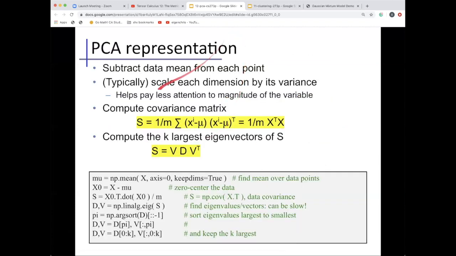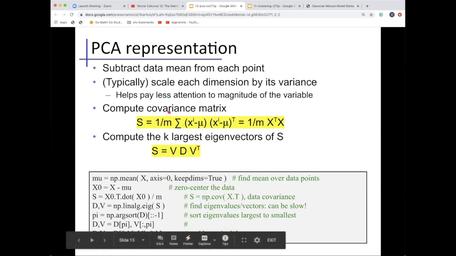Once you subtract the mean, you calculate the covariance matrix of your data sets. Now if your mean is already zero, that would simply be the sum of x_i x_i transpose. So that's the covariance matrix. The next step is to carry out the eigenvalue decomposition of this covariance matrix. You have the eigenvectors in the V matrix here. D is a diagonal matrix that contains the eigenvalues of the covariance matrix. Typically you can sort these eigenvalues from the largest to the smallest along the diagonal entries.